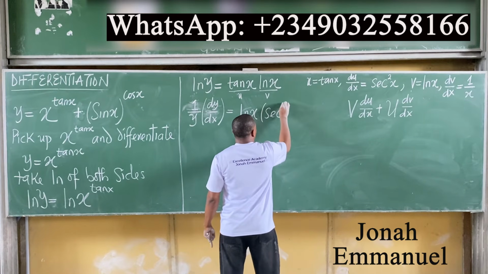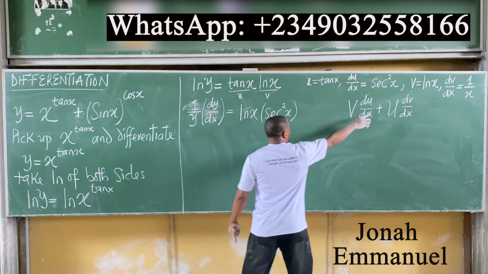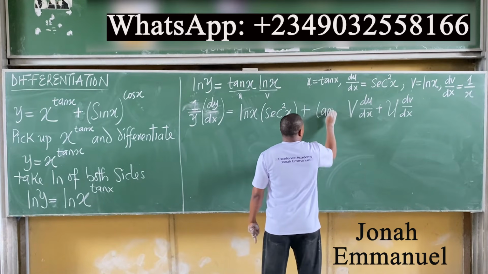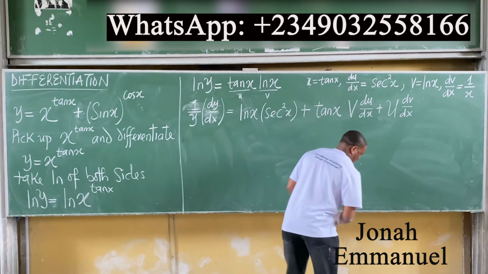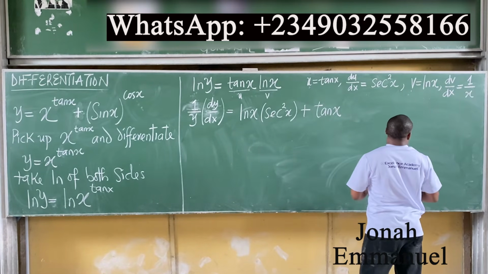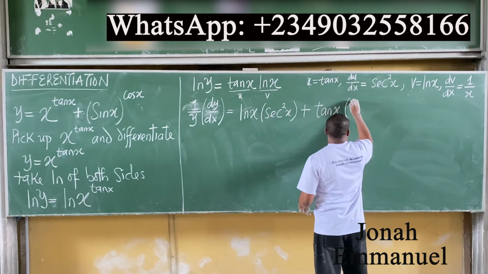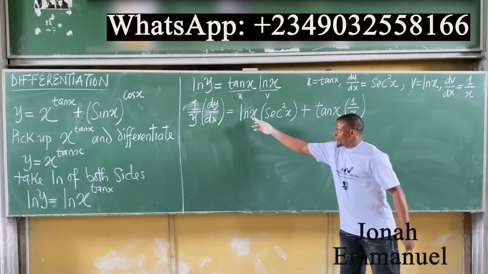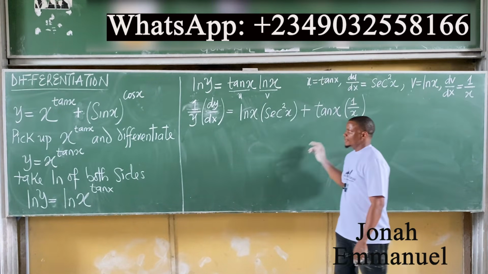Sec squared x, plus what, u? Plus tan x. What is dv/dx? The dv/dx here is 1 over x.